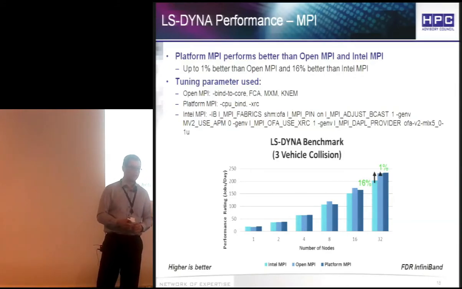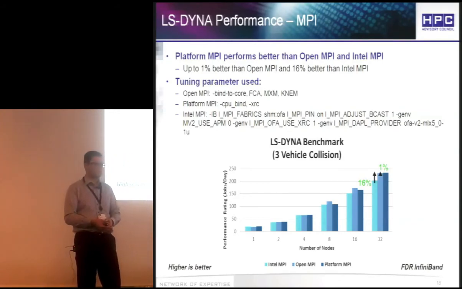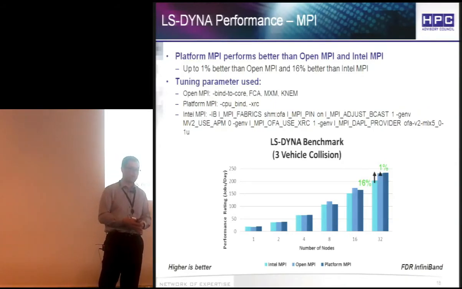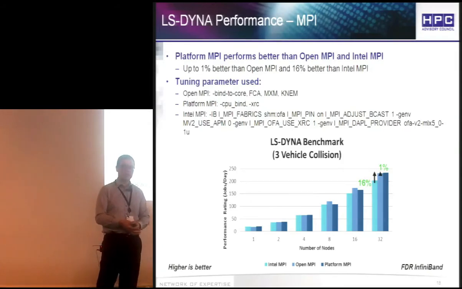For OpenMPI, I used FCA and MXM, and also KNEM. KNEM is an intranode optimization, and also bind to core, because OpenMPI historically does not bind the processor to the core, so you have to specify it. For Platform MPI it's similar, but only XRC is available for them.